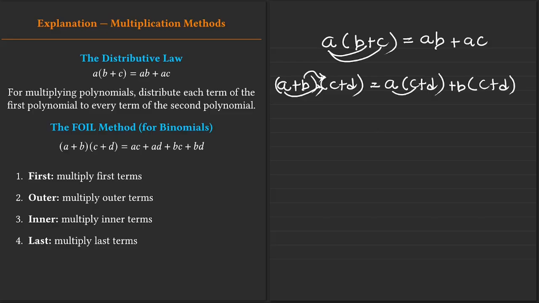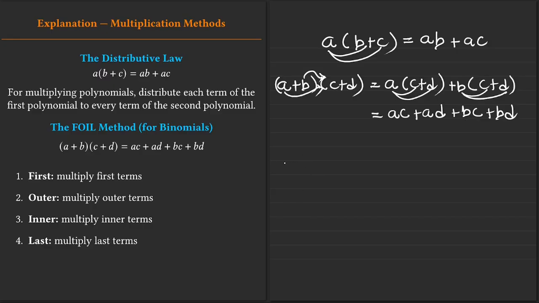So with that, a multiplies c, it multiplies d, and then b multiplies c, and then also multiplies d, so that we have a times c giving us ac. Then a times d also gives us ad, and then b times c we have a positive bc, and then b times d also gives us what? bd. Using the distributive law once again, this is what we have.